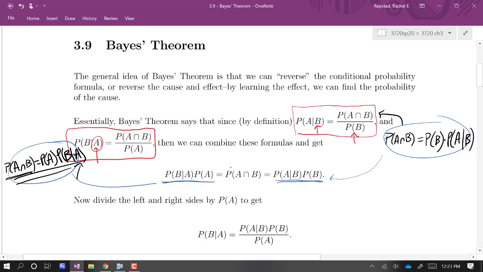They're both equal to the probability of A intersect B, which means they must be equal to each other. So the far left and the far right sides of that equation are equal.